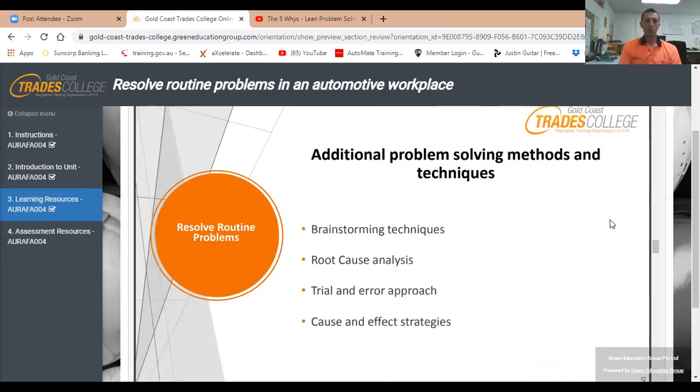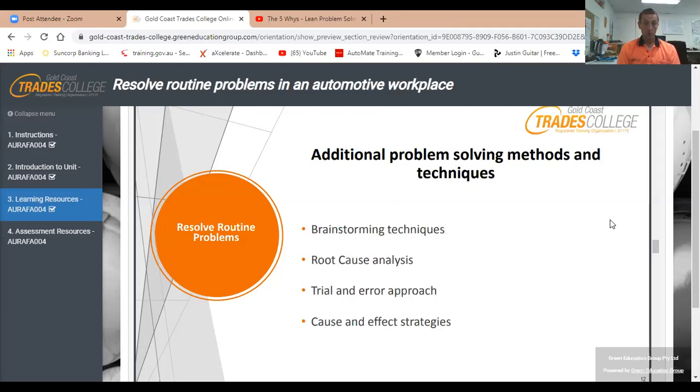There are some additional problem-solving methods and techniques that we can use. I gave you earlier a 7-step process, but along with that particular process, there are different methods that we can use. One of those is brainstorming. Brainstorming is a group activity where you all get together and brainstorm some ideas, methods, techniques and outcomes, and ways to resolve a dispute.